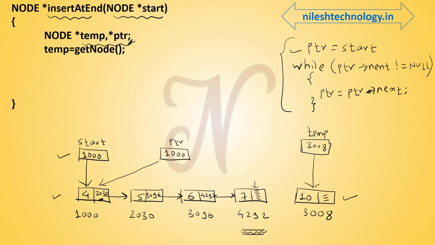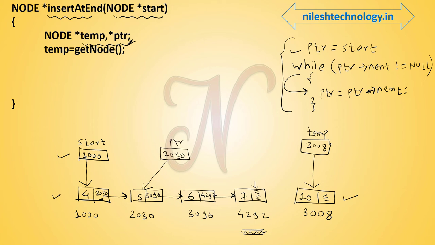So the condition is true, it goes into the while loop and executes ptr equal to ptr of next. Now ptr is pointing to the next node, and 2030 is stored here. Again going to the while loop.